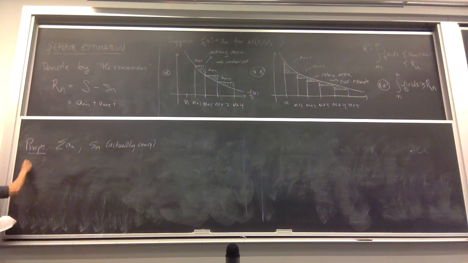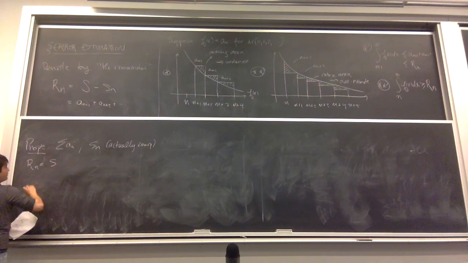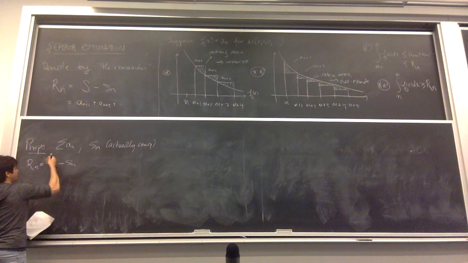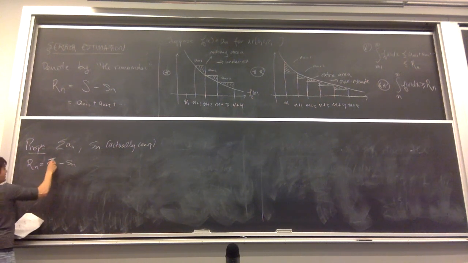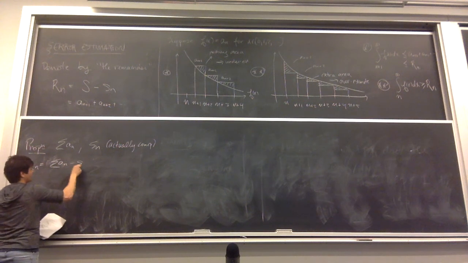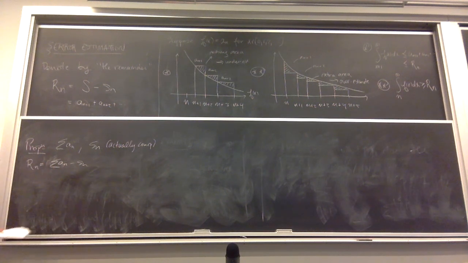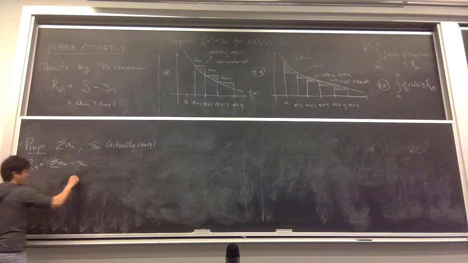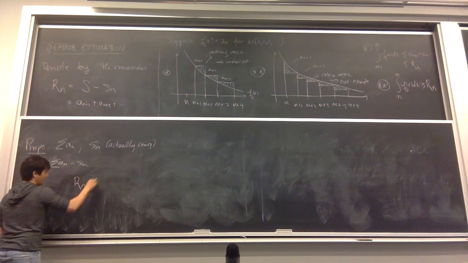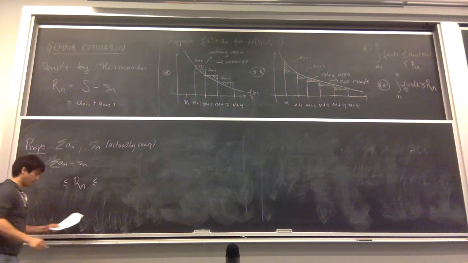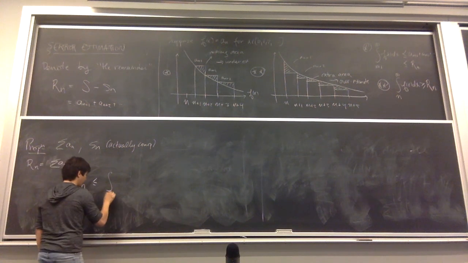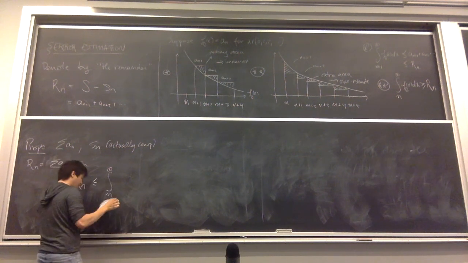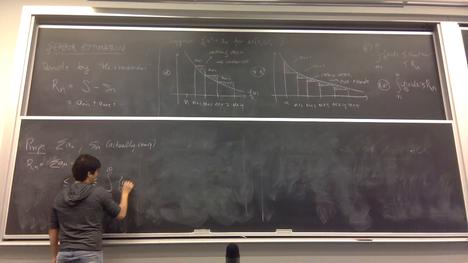Then if R n is the real value, the sum of a n, minus the partial sum, then I can tell you that the remainder is bounded above and below by 2 integrals. It's bounded above by the integral from n to infinity of f(x) dx.